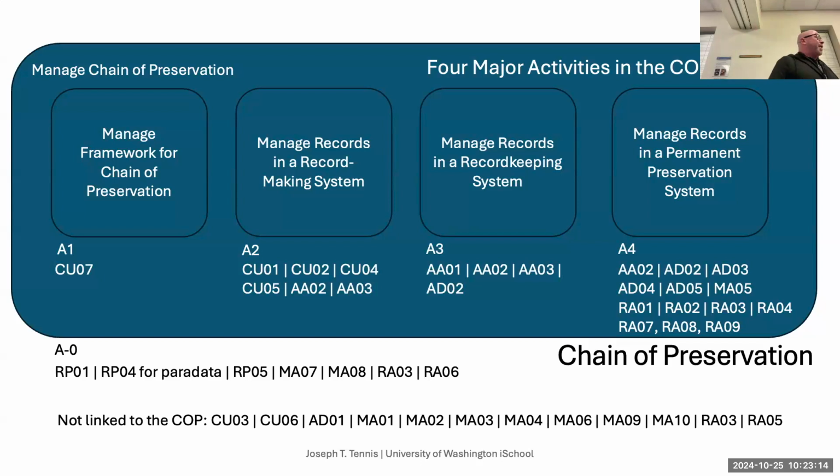You can see that as far as I can tell, only one addresses the management of the whole framework of the chain of preservation. So that's CU7, creation and use 7. There are a ton at the bottom there. RP01 is the start of the string that address the entire chain of preservation and the life cycle of the records. There are also some that I can't find linked to the chain of preservation, and so I've enumerated those there as well.